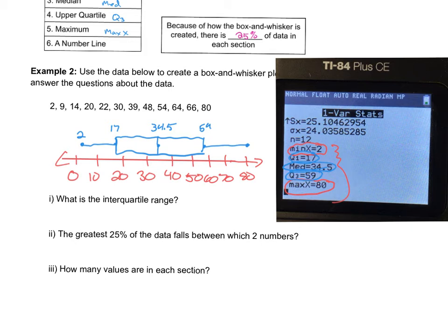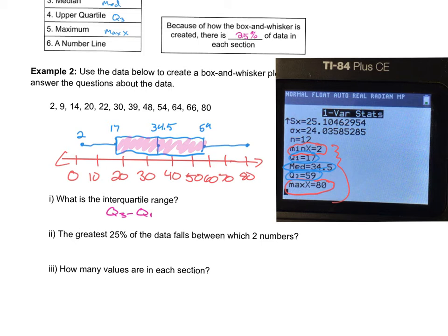That's going to allow us to set up for some of our questions. So, the interquartile range. The interquartile range is found by finding Q3 minus Q1, because what that's going to ask us is, where is that middle 50%?